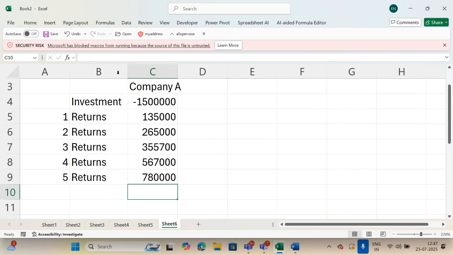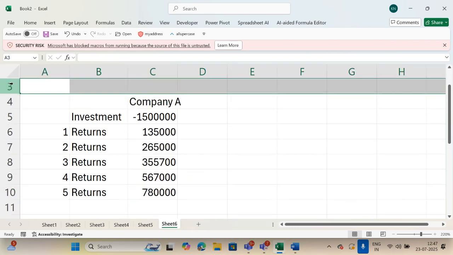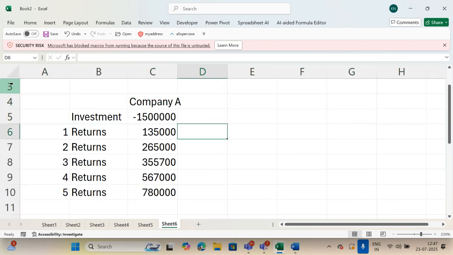First of all, I should discount it by 7.5%. If the market rate is 7.5%, then I will know whether the project is profitable or not.